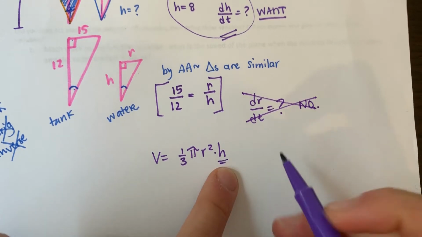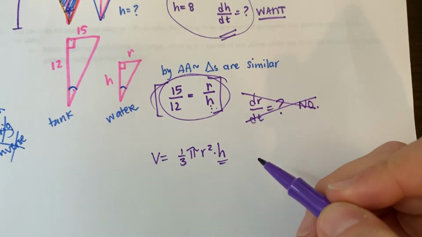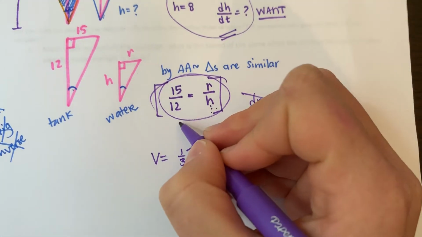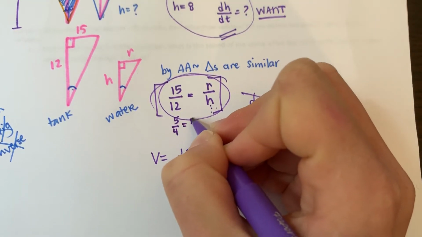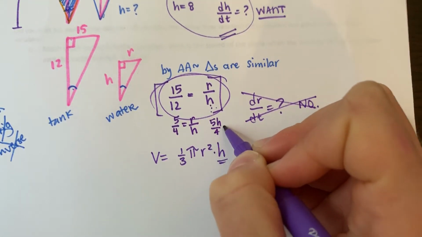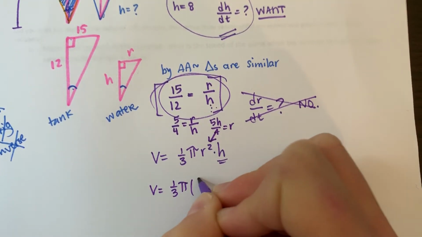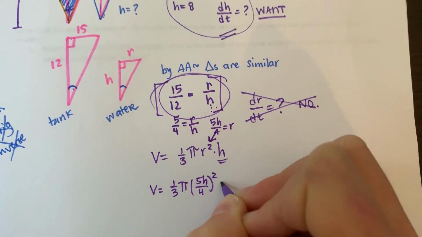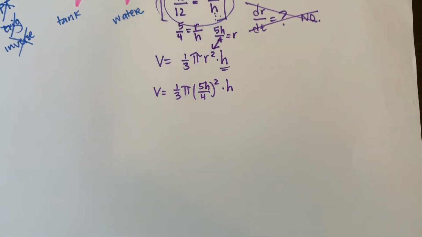I want to get to h, and what this nice equation here can help us with is we can rewrite r in terms of h. So let's simplify this to 5/4 equals r over h. Multiply both sides by h, we get 5h/4 equals r. Plug that in. V is equal to 1/3 pi times (5h/4) squared times h. Now we have V in terms of h, and when we take the derivatives of both sides, we won't have to deal with r's at all.